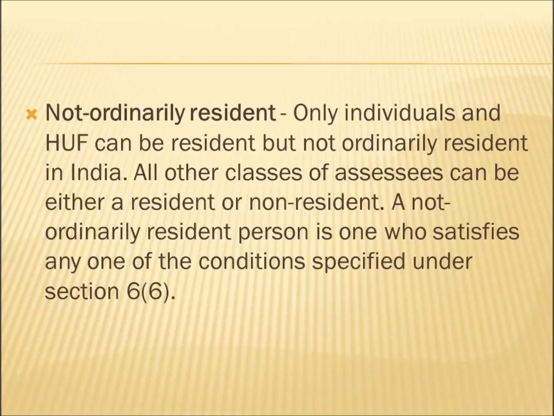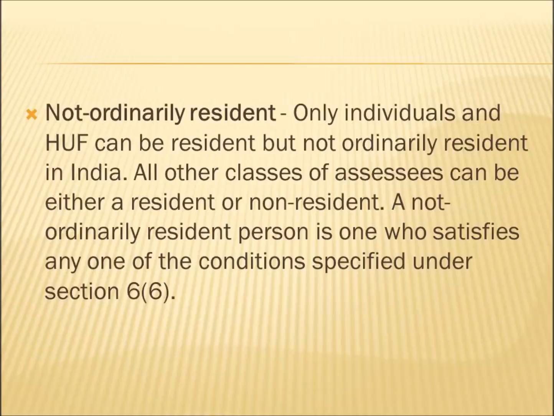So, only an individual, a living being, or the HUF can be a resident and not ordinarily resident, or a resident and ordinarily resident. All other classes can be just a resident or a non-resident. For all other classes like companies, AOP, BOI, we just need to see whether they fulfill the conditions given in the criteria of being a resident.